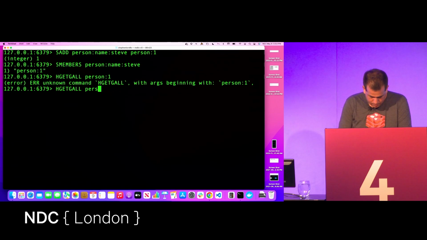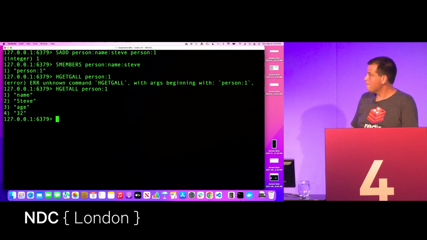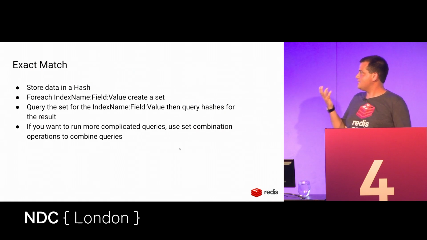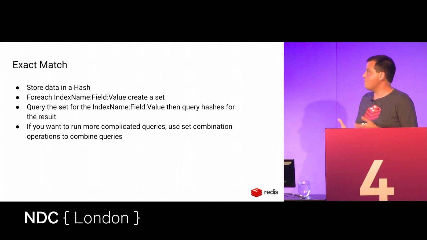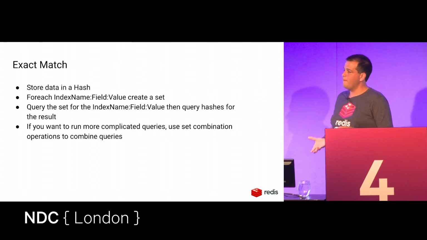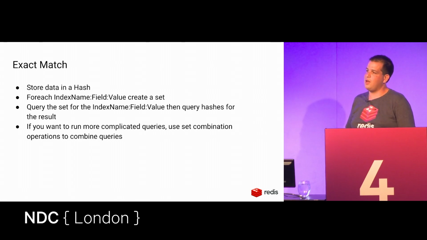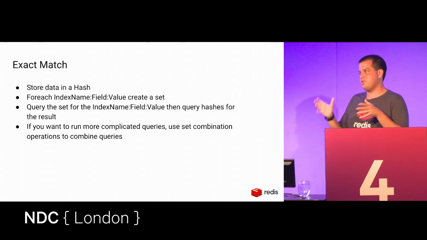Oh, I think I spelled that wrong. Yeah, HGETALL person:1. And that'll get me that person back. So I can use these sets, and you can also use sorted sets to do this. And if you want to do more complex queries, use a different set combination operation that we were talking about before with SUNION, SINTER and SDIFF.